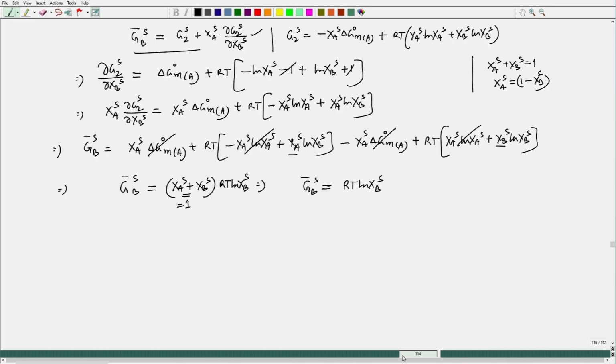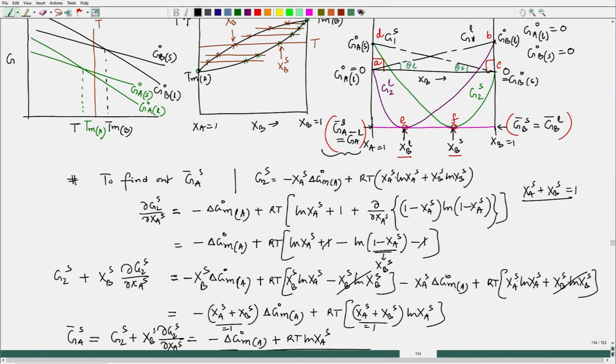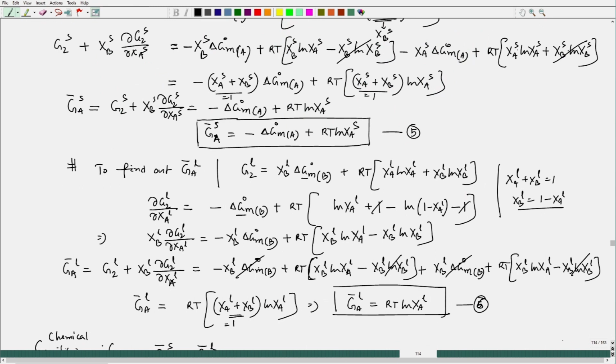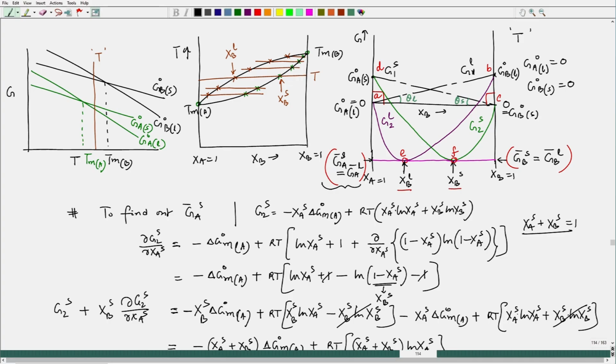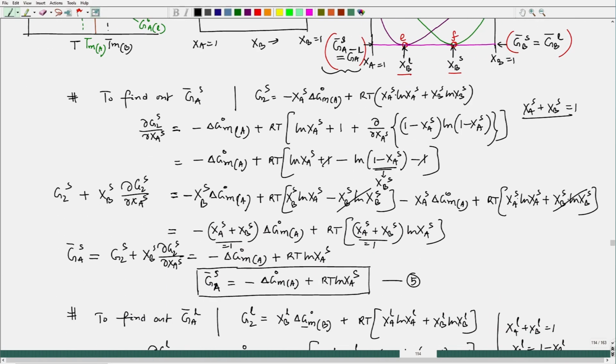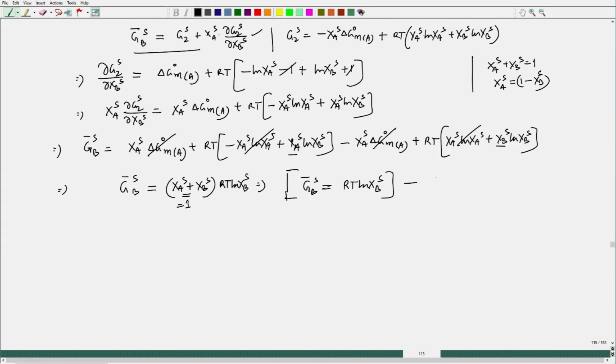Let me see if I have missed any term in the previous calculations, the final terms. No, everything is fine. We ended our equations with equation 7, so I can put this equation as equation 8.